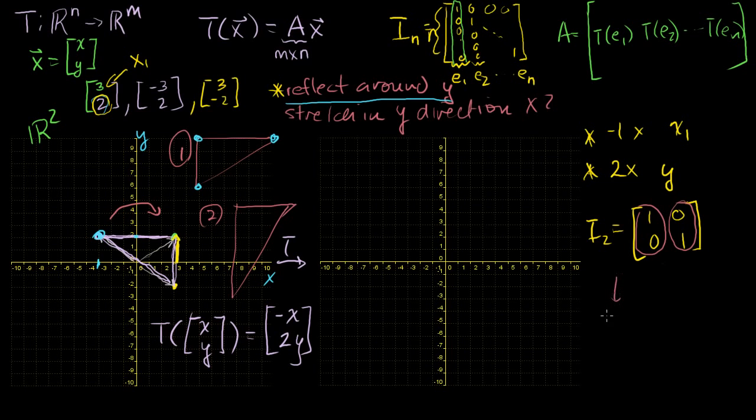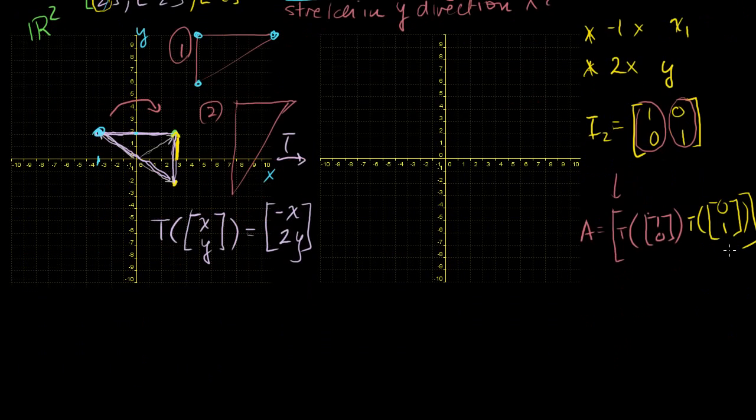So we're going to create a new matrix A and say that is equal to the transformation of 1, 0. That's going to be our new column. And then the second column is going to be the transformation of 0, 1, just like that.